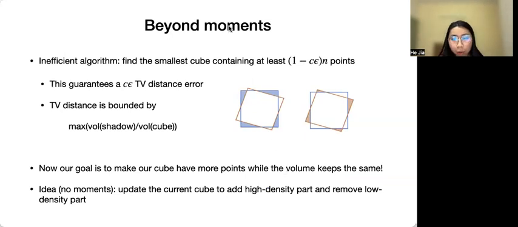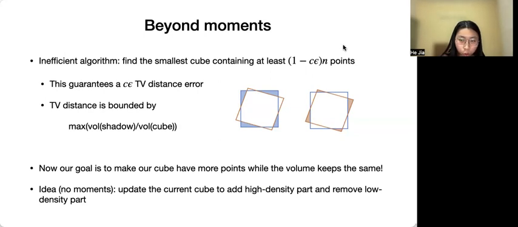Why? Because we have already seen that the TV distance is bounded by the maximum of the volume of the shadow over the volume of the cube, either the blue shadow or the orange shadow. And we know that the blue cube, the true cube, has a larger volume. We always take the smallest cube that contains this number of samples.